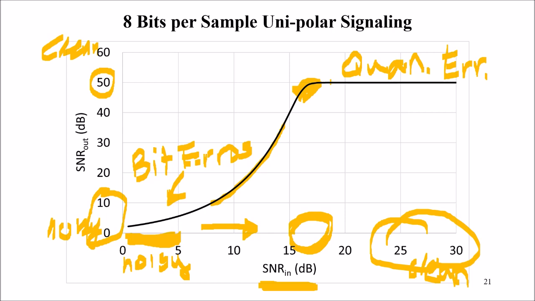So this curve shows the two forms of noise in a digital signal and where each form of noise dominates.